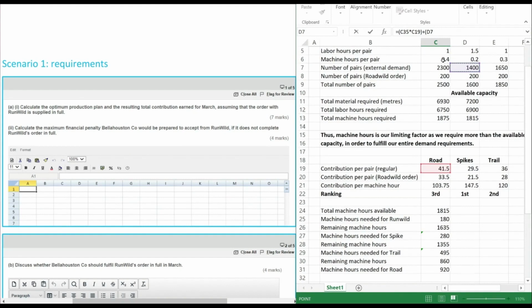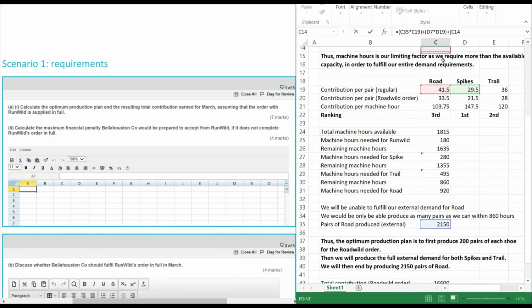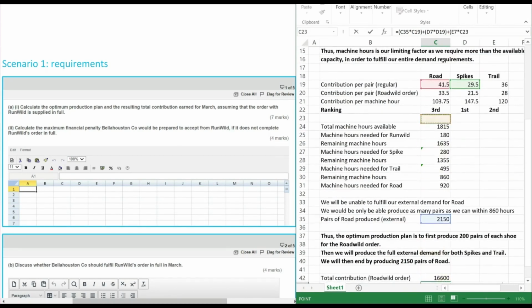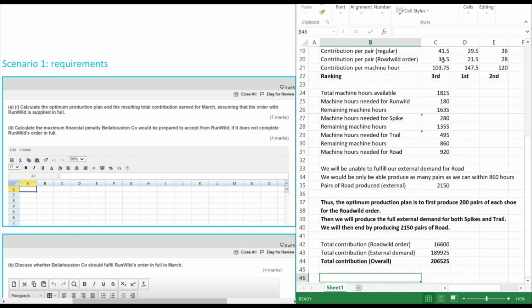So for spikes it's 1400 multiplied by the contribution per pair, and for trail it's the same story, 1650 multiplied by the contribution per pair of 36, and we will add these two amounts up to get 206,525. Okay, so that's part A, part 1.